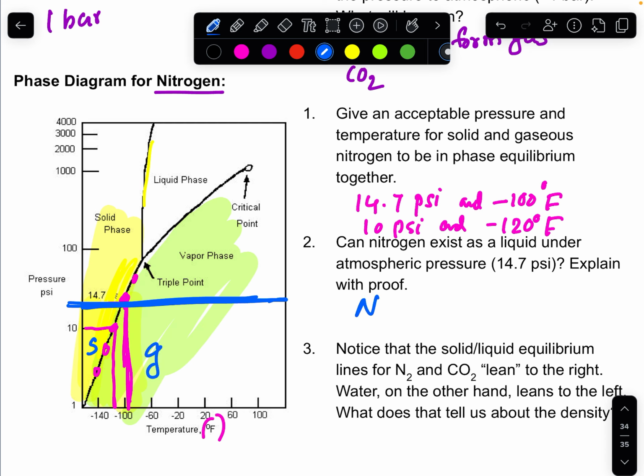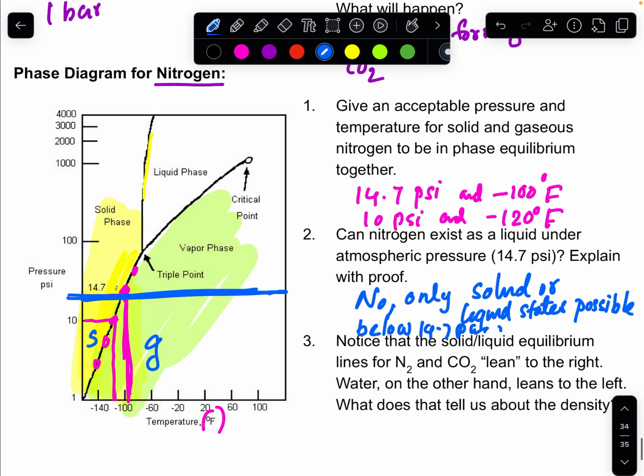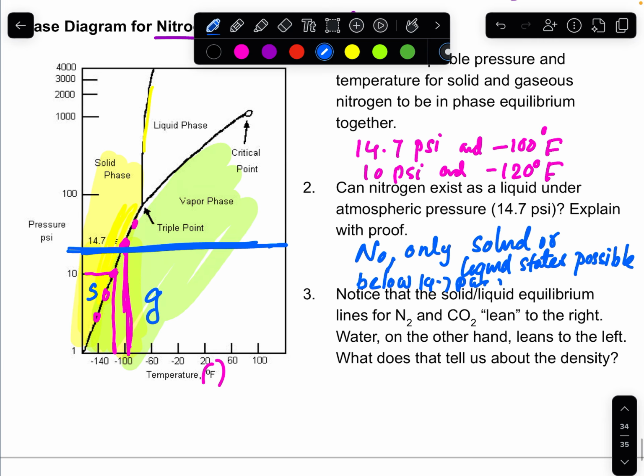Only solid or gas states are possible below 14.7 psi.